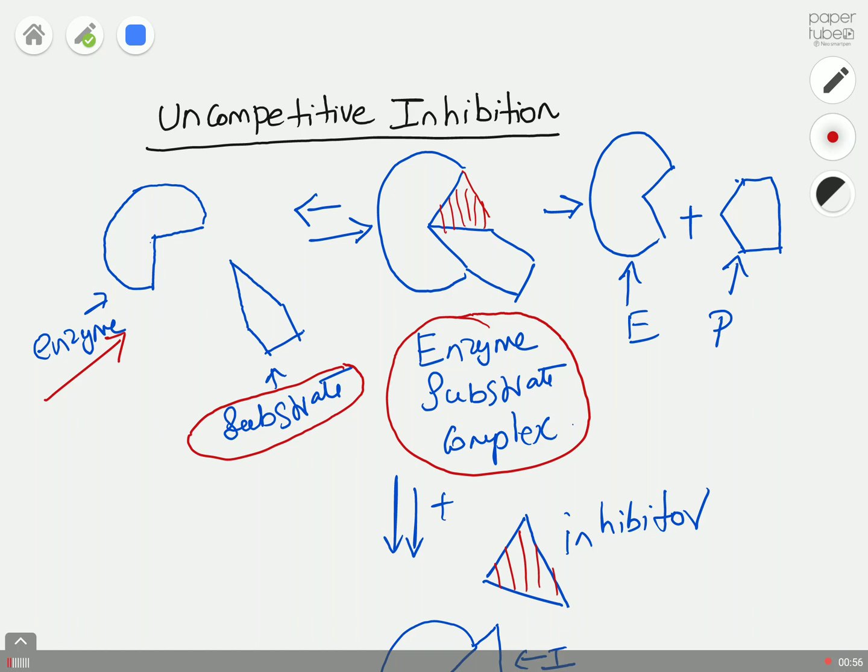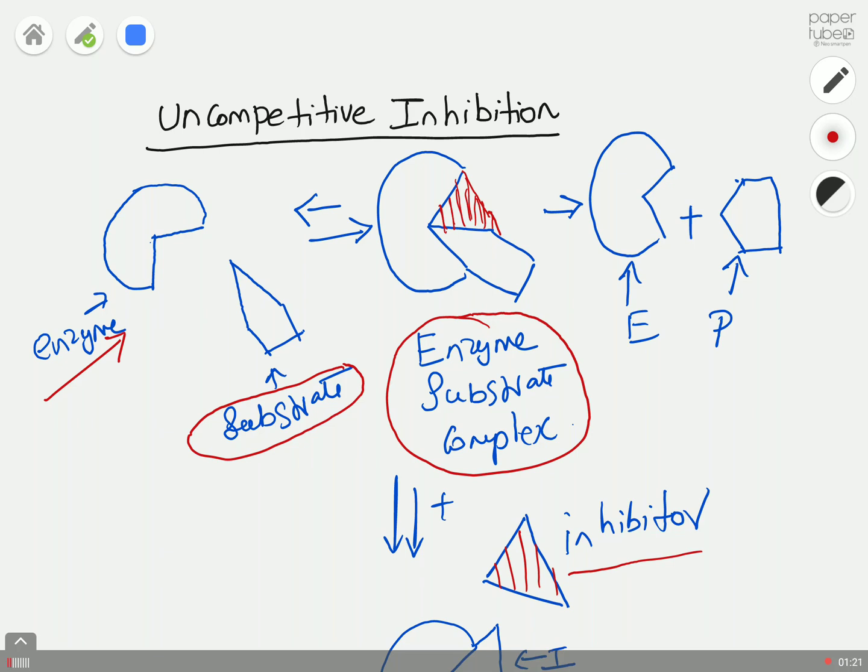Once your substrate binds to the enzyme, let's assume there is some conformational change which creates some new space, or if you want, we can call it a binding pocket that can accommodate your inhibitor molecule. So that's how this works.